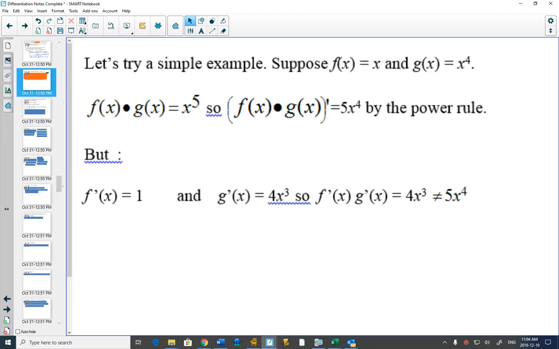So we were really hopeful if we were multiplying two things that we could just do the derivative of one times the derivative of the other one and everything would be good, but it doesn't work. So Leibniz had to go back to the drawing board and say, maybe there's something else that I could do that could make this work. And sure enough, he figured it out.